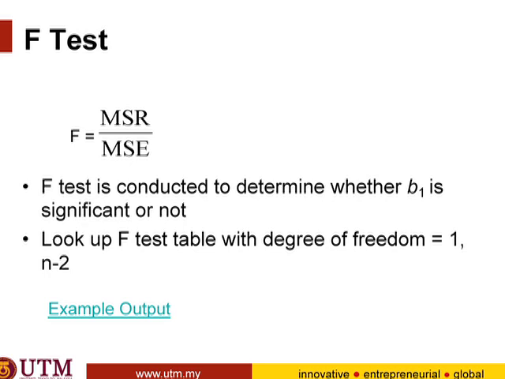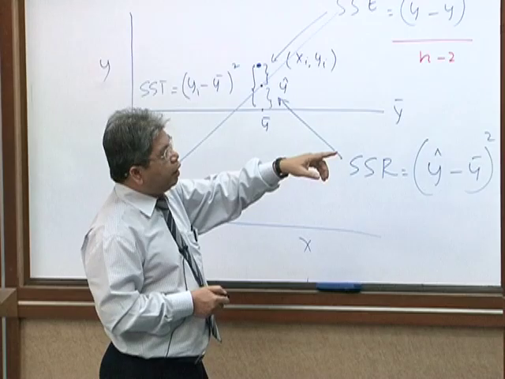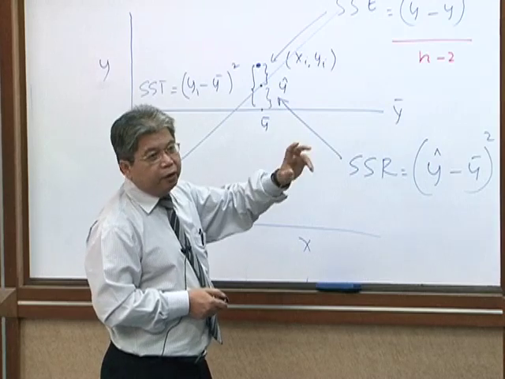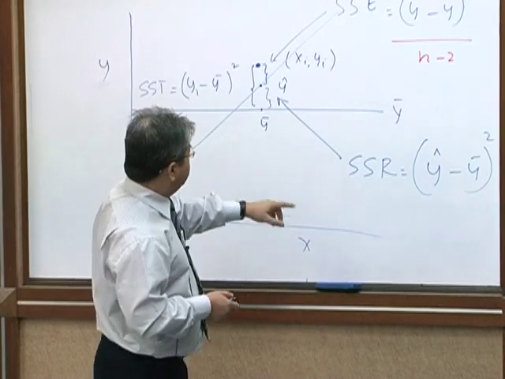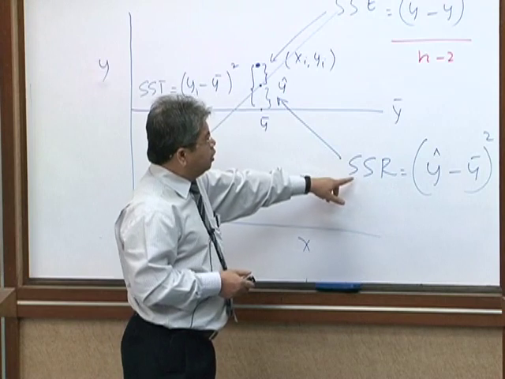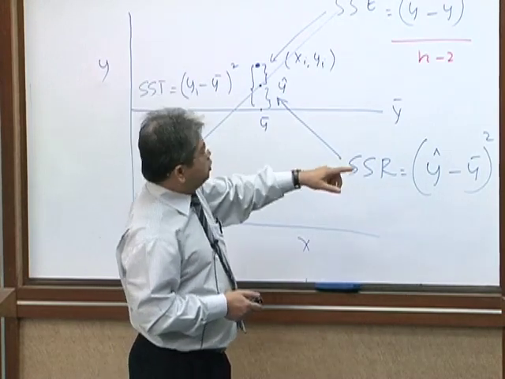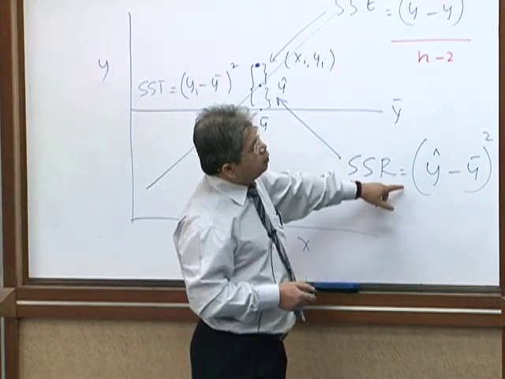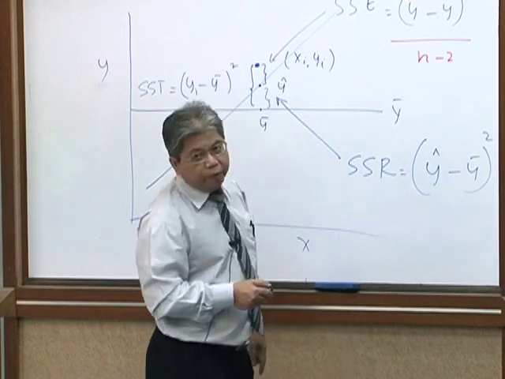The F test is another measure of whether the line is significant or not, and F is just MSR over MSE. Remember, when we include M here, it means mean value. Mean error, error of regression, MSE. This one has degree of freedom 1. This one has degree of freedom n minus 2.